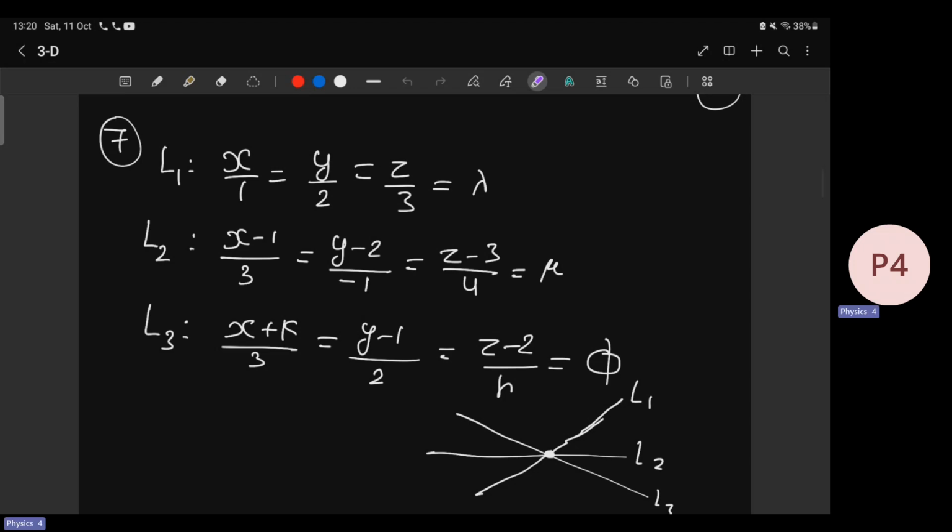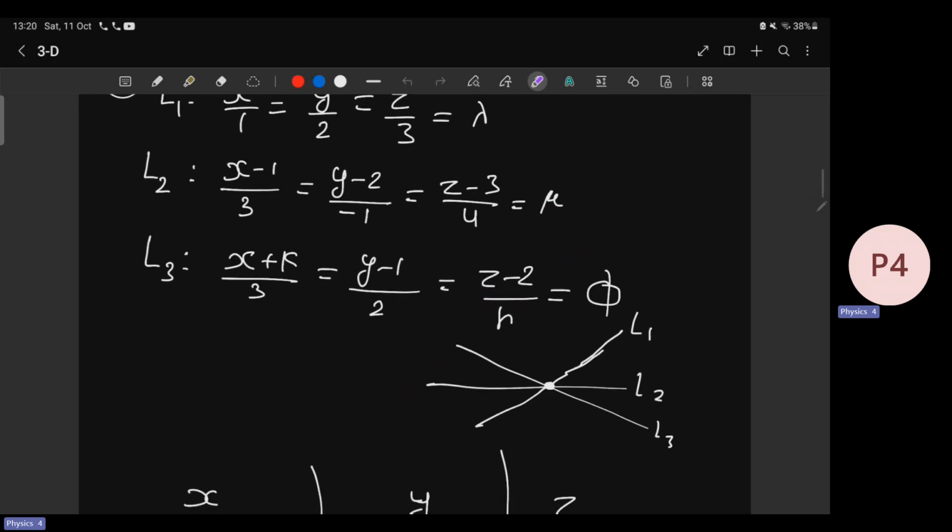So question number 7. If the lines x upon 1 equals y upon 2 equals z upon 3 equals lambda, this is given. The line 2 is (x minus 1) upon, (y minus 2) and (z minus 4), this is line 2, and the equation of line 3. These three lines are concurrent.